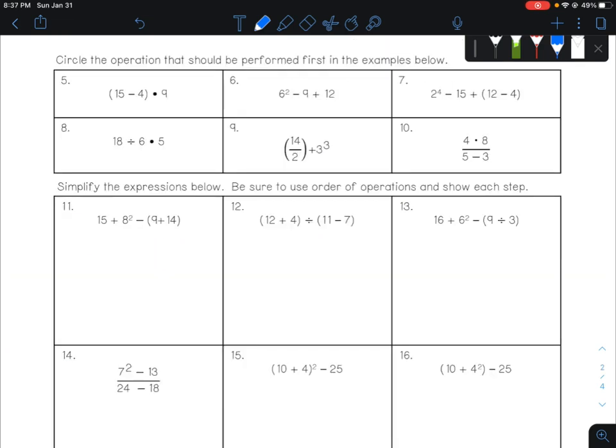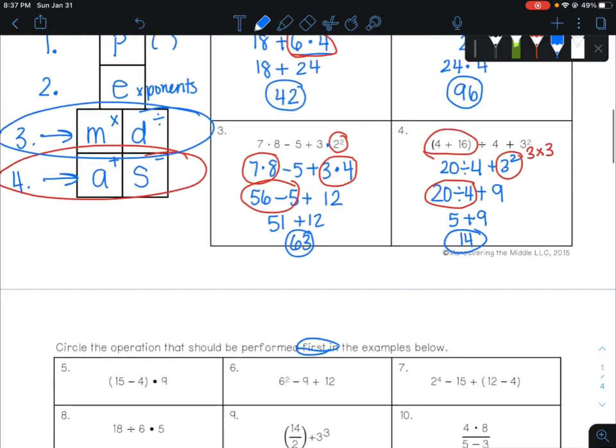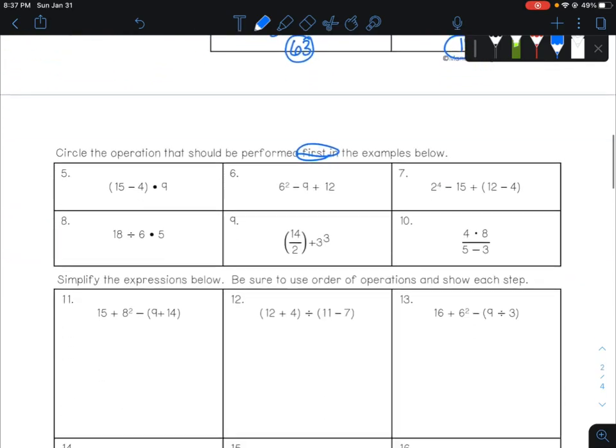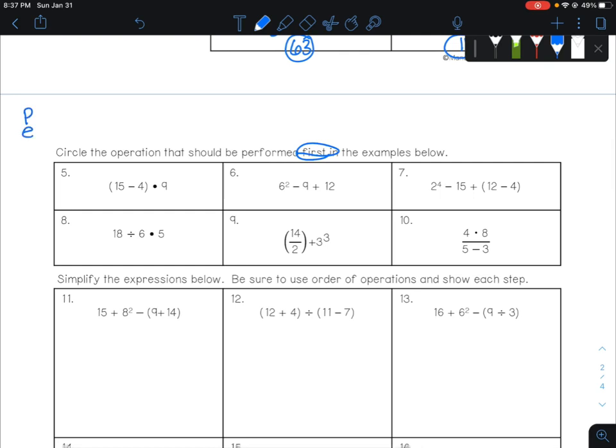For number 5 through 10, we're just going to find the first operation. We're not going to solve. So for number 5, looking at my order, it's going to be P, E, M, and D at the same step, and then add, subtract at the same step. So I see parentheses, so right away, that's step 1.